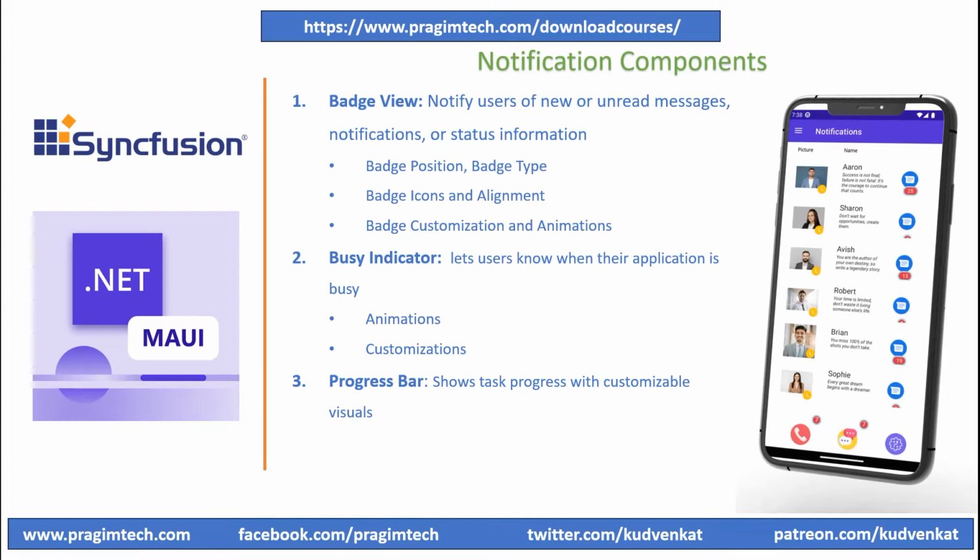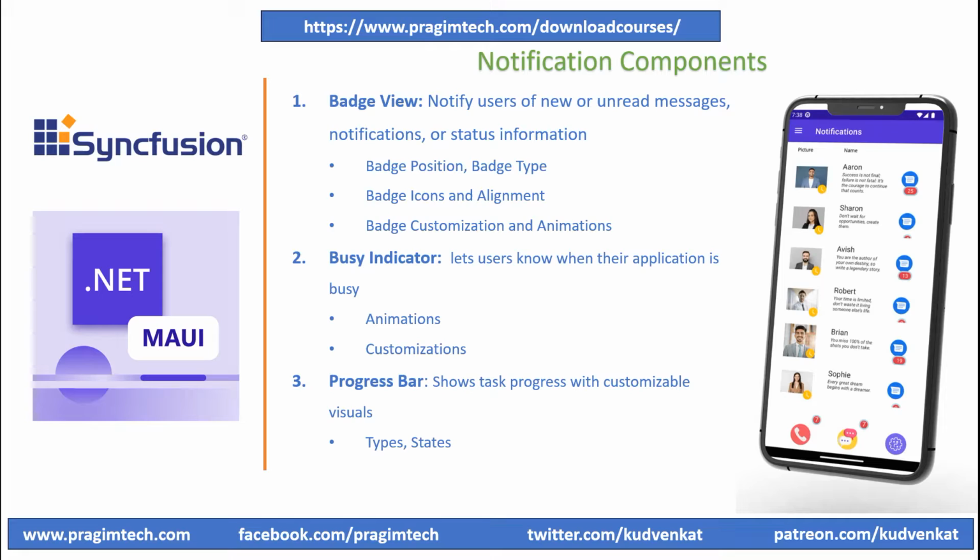The Syncfusion progress bar is a UI control used to visualize the progress of a task or operation. It provides a graphical representation of the completion status of a particular process, allowing users to track the advancement of tasks in real time. The Syncfusion progress bar is highly customizable and can be tailored to match the design and aesthetics of your application.